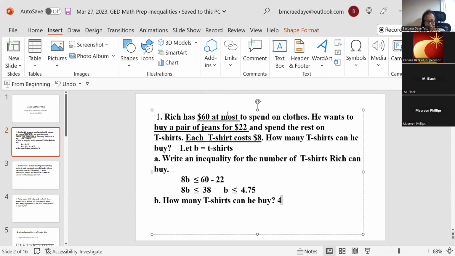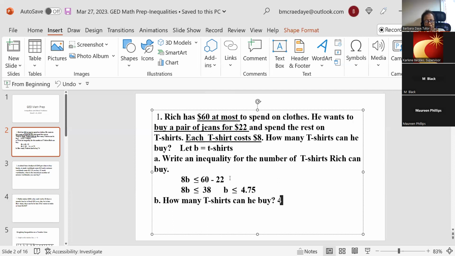Less than or equal to $60 is what Rich has to spend on clothes. That's the question I'm asking. When you put 8B less than or equal to 60 minus 22 there for us to work out to get an answer, what would the question ask us?